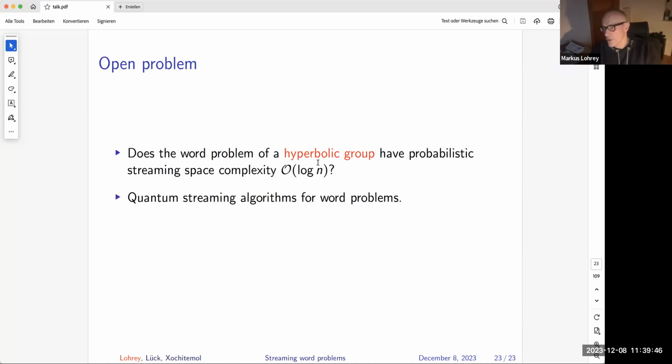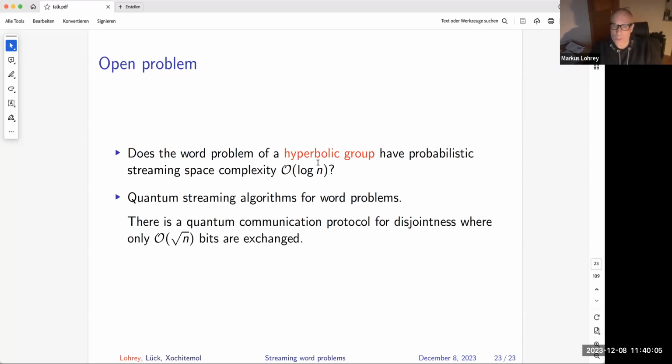Another interesting thing is, if you want to do some quantum computing, you can look at quantum streaming algorithms for word problems. In this setting, the algorithm doesn't store classical bits, but qubits, quantum bits. And there might be interesting questions.